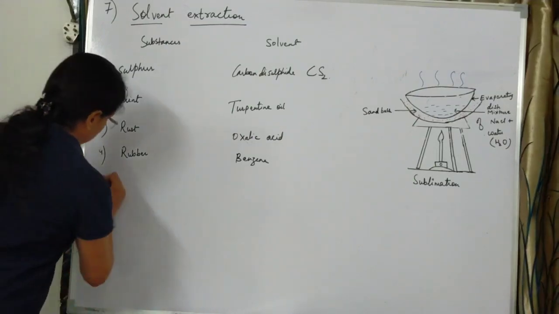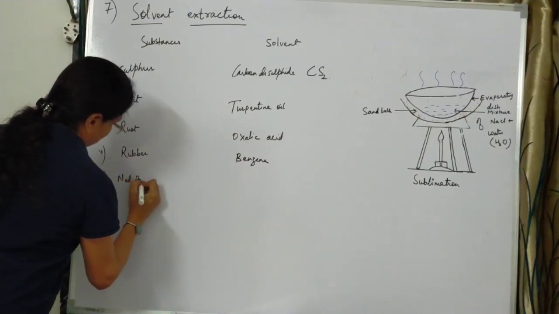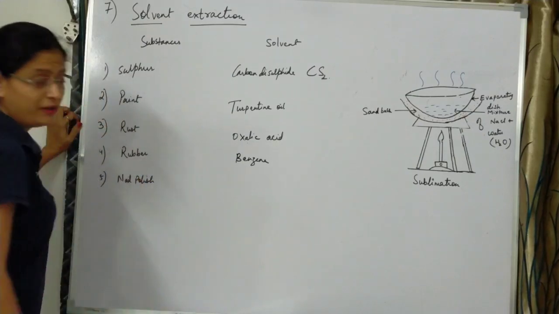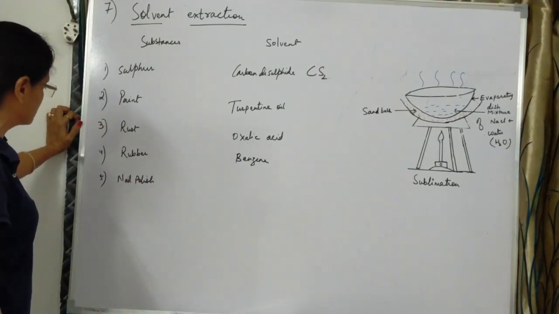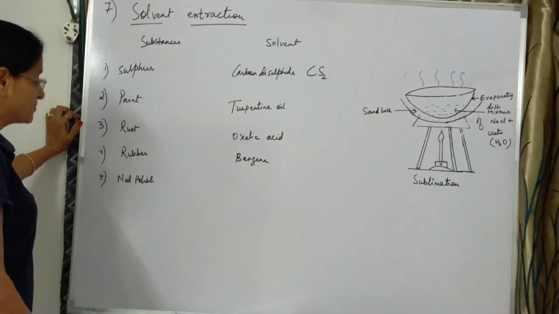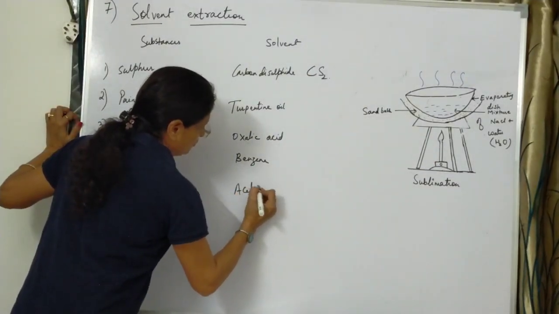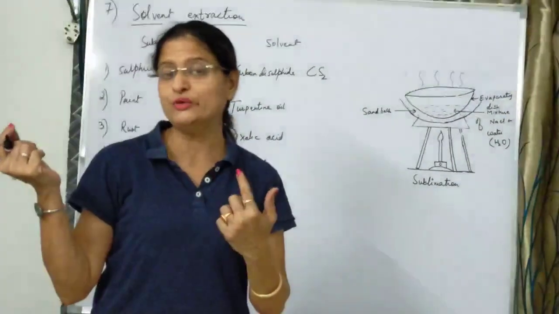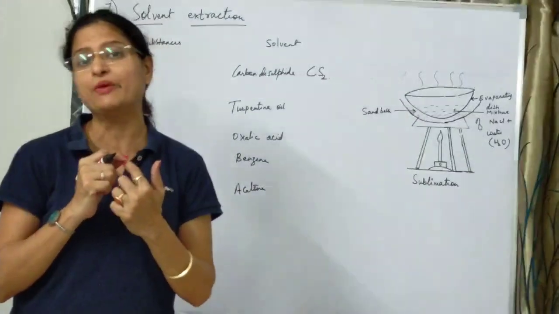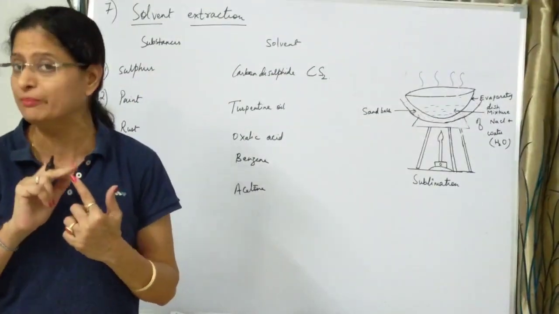Next, nail polish. I hope everybody knows, especially the girls, because we use it very often. What is that substance? That is acetone. What do we do? We take that acetone onto a cotton ball and we rub it over our nails and we find that the nail polish gets removed.